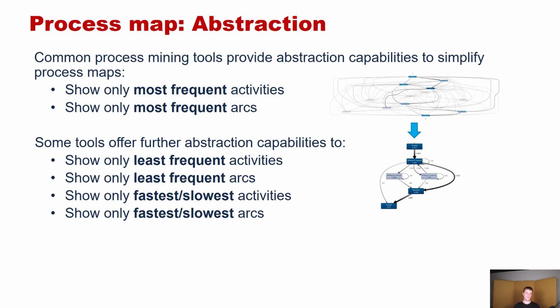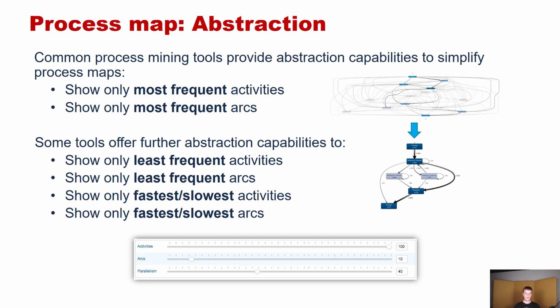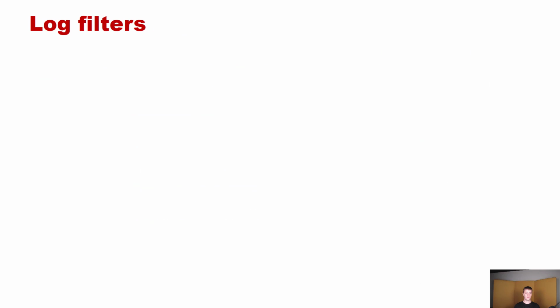Additionally, some tools like Apromore offer further abstraction capabilities to, for example, show only least frequent activities, least frequent arcs, fastest or slowest activities, or fastest or slowest arcs. And this is usually done via simple sliders that the user can modify to set the correct abstraction level as necessary.